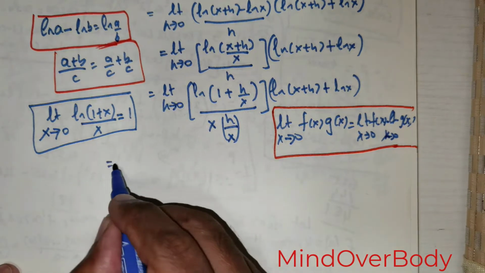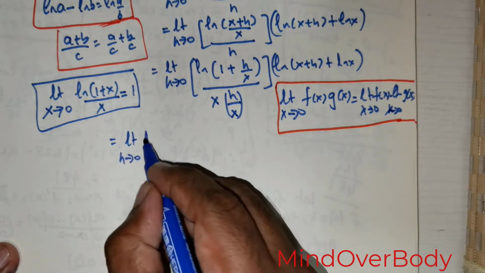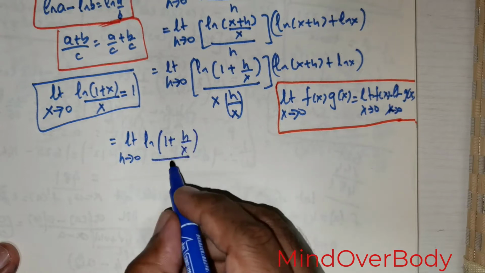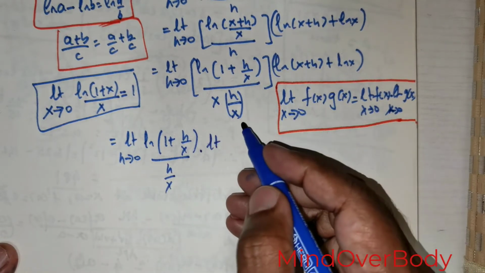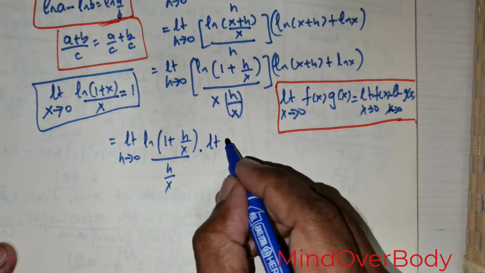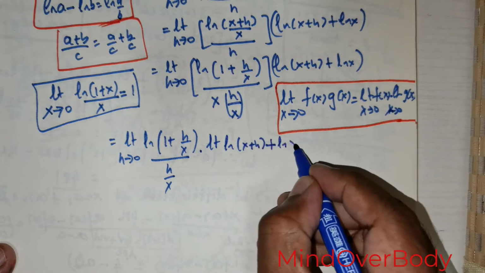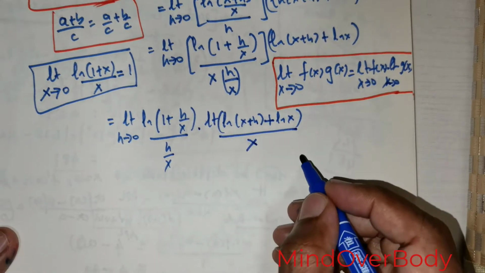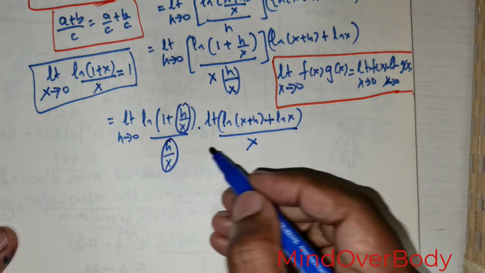So this is going to be rewritten as the limit h tending to 0 of ln of 1 plus h over x divided by h over x. This is one part, and the other part is going to be limit of ln of x plus h plus ln of x divided by x. So this quantity is present.